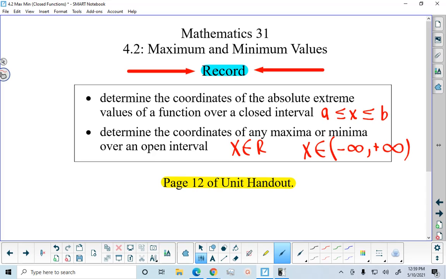So maybe I'm saying it's only defined from x equals 1 to x equals 10. And by the way, you could write that domain as x is an element of, with square brackets, a to b. So a closed interval is an interval that starts in a specific location and ends in a specific location, whereas an open interval in the context of what we're talking about means any real number.